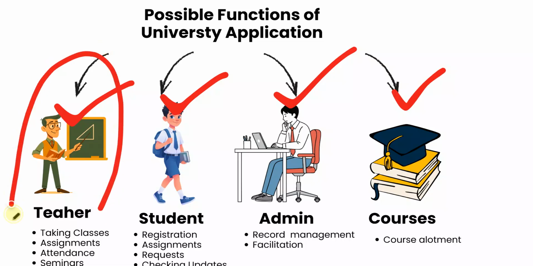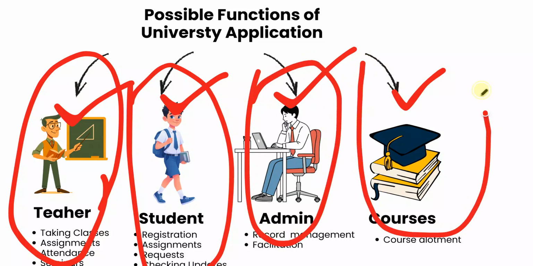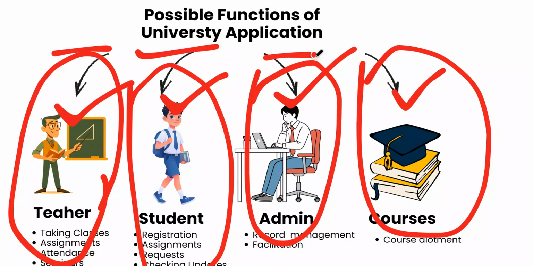After categorizing all the requirements into different modules, different objects, different classes, this looks very easy. It looks like we can handle it and easily code it. For example, we can assign one team to code the teacher, one team to code the student, one team to code the admin, and so on.